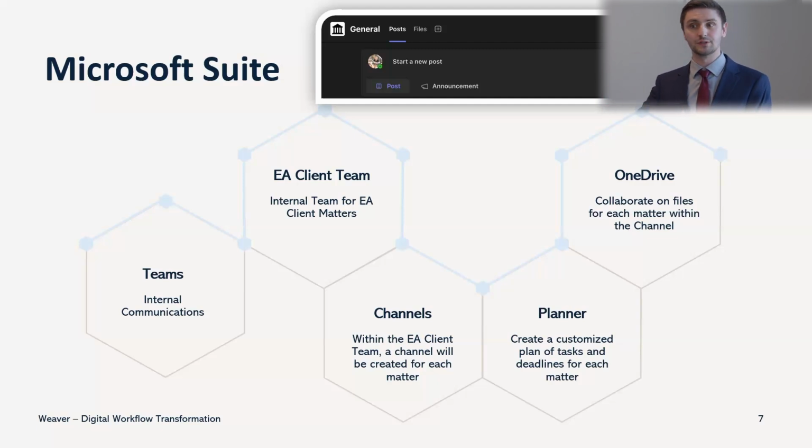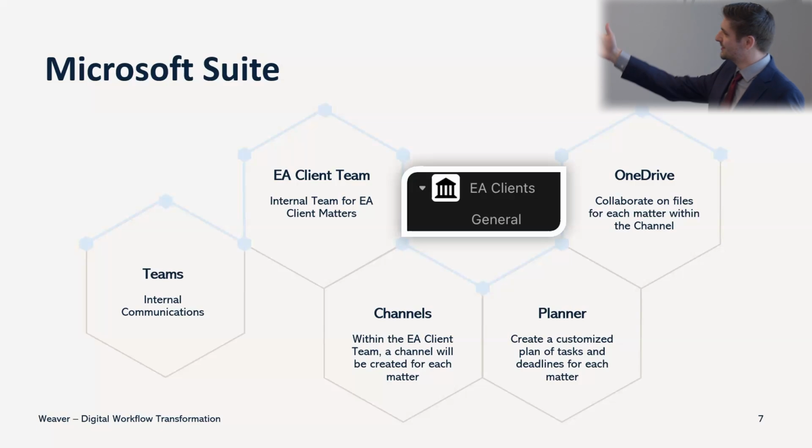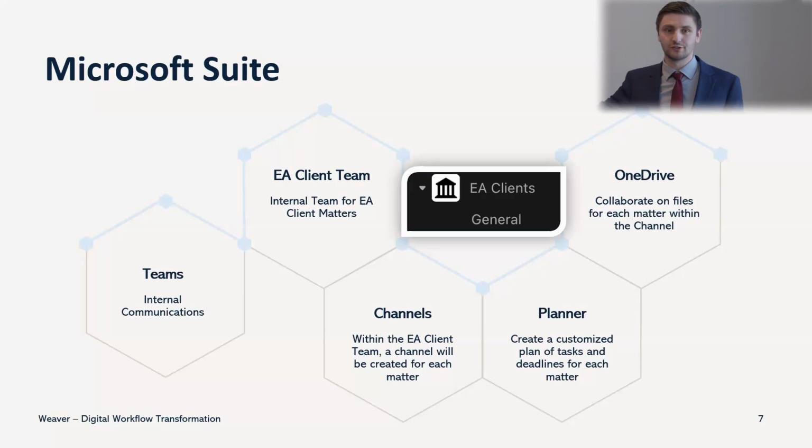So I'm not in every single team set up within Pathway, but part of the EA client team. So that is a specific team we build out, and then within that we will have different channels. I could not include the rest of the channels list because that was client information, but this would give you a general idea. We have the team name, the general channel, and then a different channel for each matter.